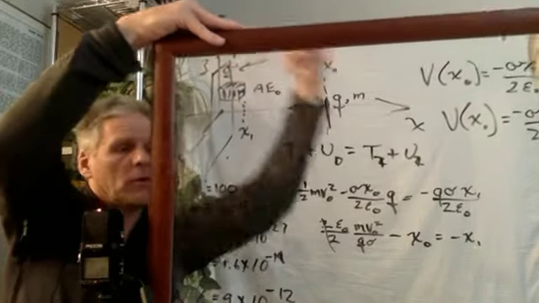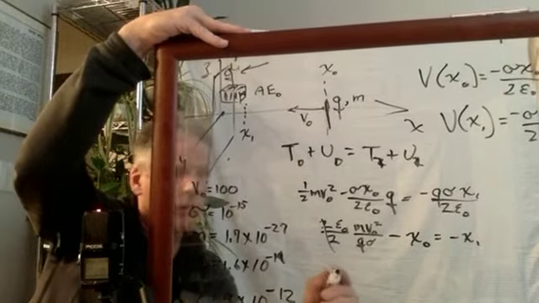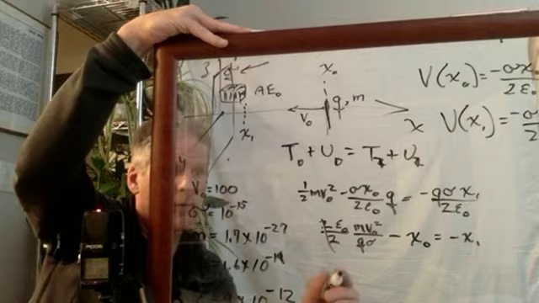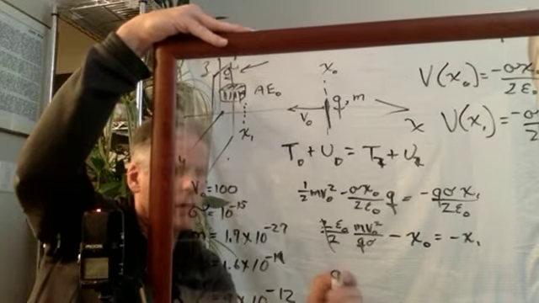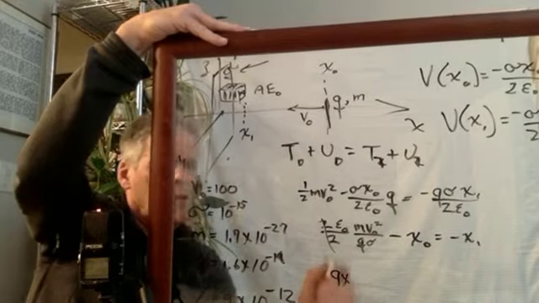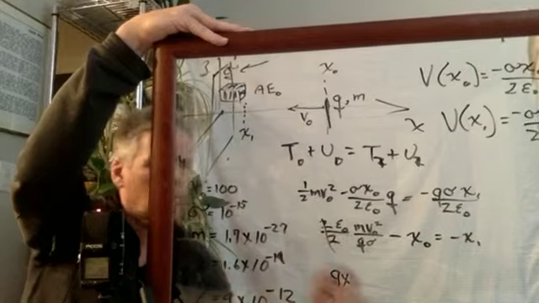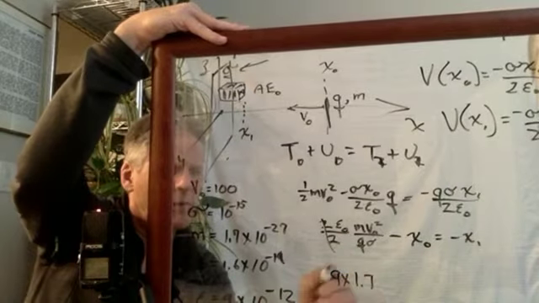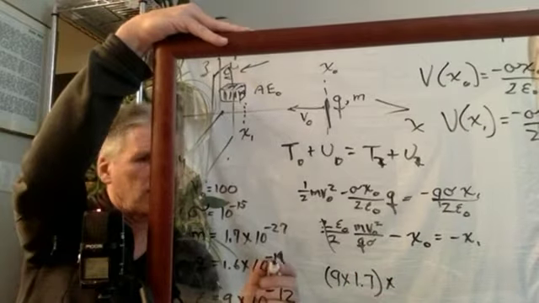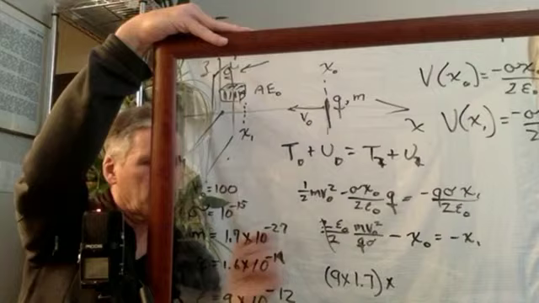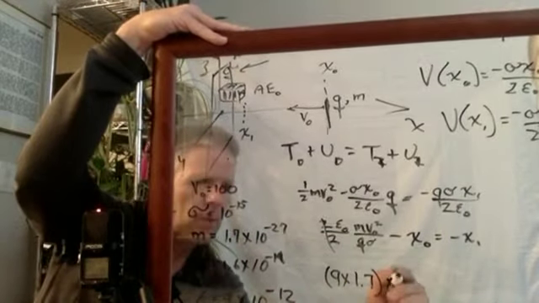So all we're going to do is multiply these things out, and we're going to hope that I didn't screw things up too badly when I set this up, but I may have. So let's see what happens. 9 times 10, well, 9, this is our epsilon 0, 9, what's our m? 1.7. So you have a 9 times 1.7 here, times 10 to the minus 27th, and 10 to the minus 12th, that's 10 to the minus 39th.